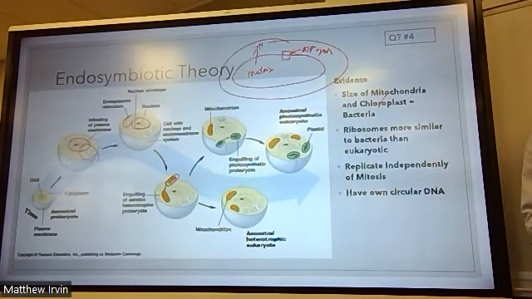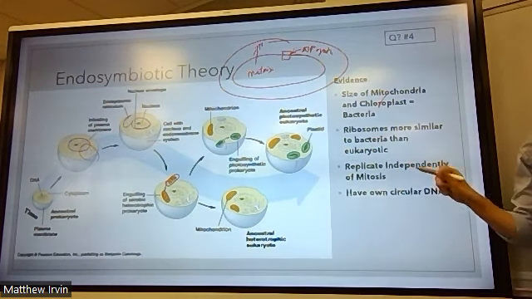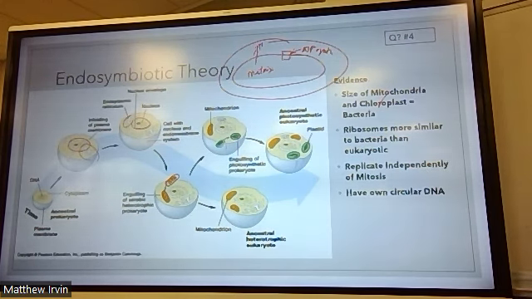The DNA structure of mitochondria and chloroplasts is the same as bacteria, plasmid, circular DNA. The ribosomes have the same prokaryotic structure. They replicate independently of mitosis. So if you take a cell and you destroy the mitochondria, that cell does not make new mitochondria. It cannot replicate them unless they are already there.